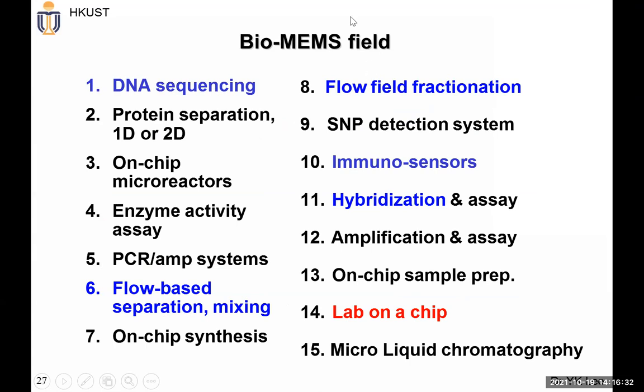Oh, I also mentioned that I have a special topic about a series of different sequencing technologies. But another thing is protein. Protein is another quite important thing for the biomedical area. It's very difficult to do protein sequencing, but there are some traditional ways to do protein separation, right?